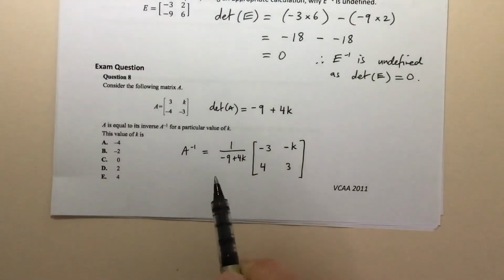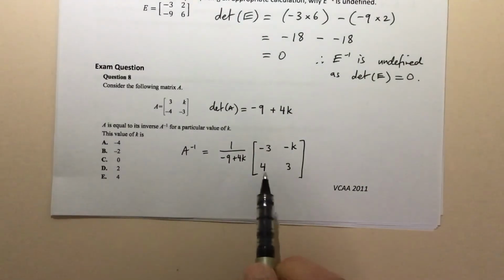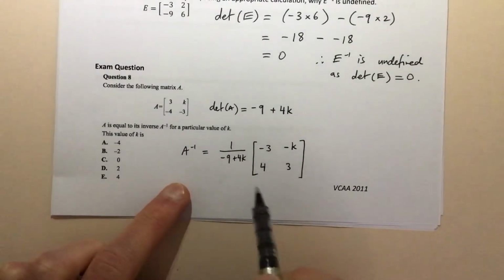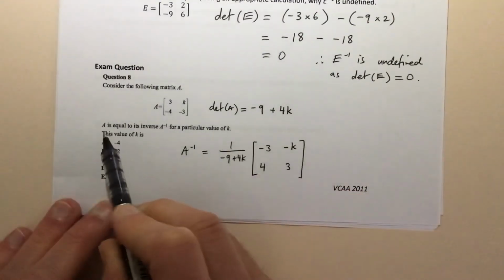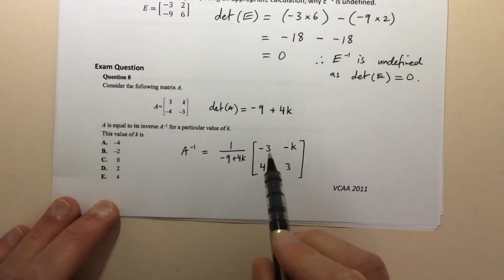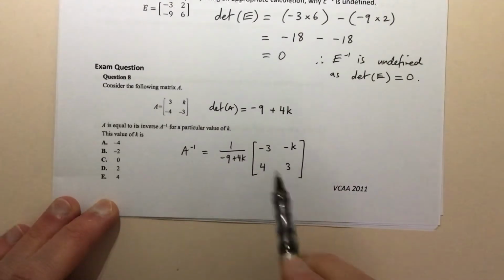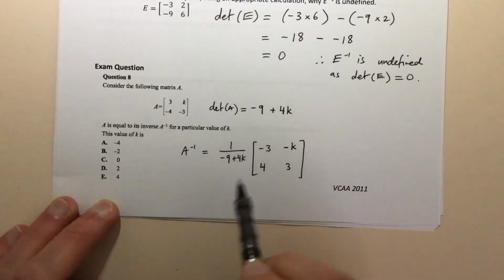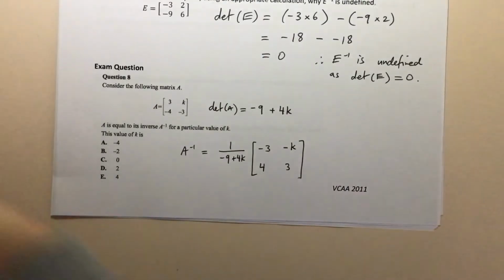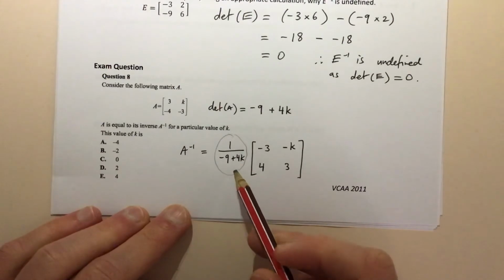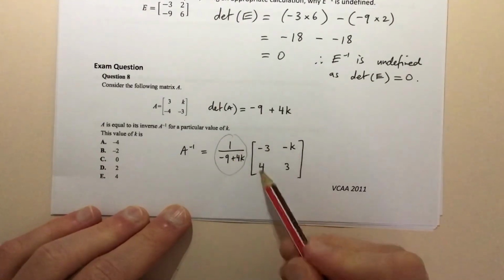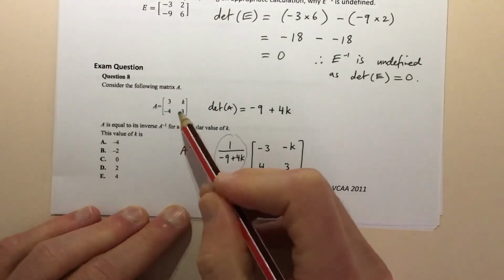Right, now if we want this matrix, this whole thing here, to equal what we had when we started with, because that's the idea of the question, that A is equal to its inverse, well, you can kind of just look at all the elements here and see that what we really need is this determinant. The determinant here needs to equal -1, because if I were to multiply all these numbers by -1, I'm going to get back to what I started with.